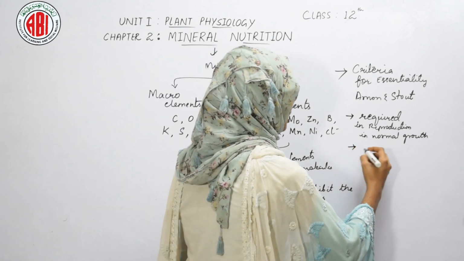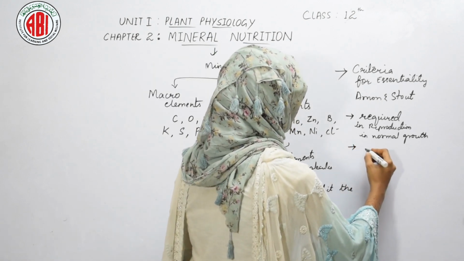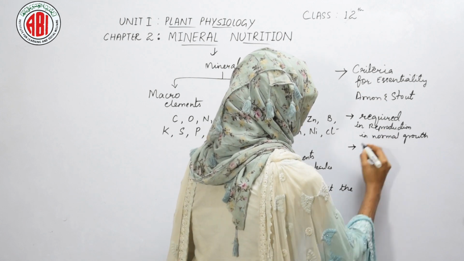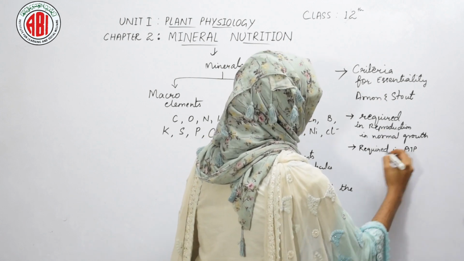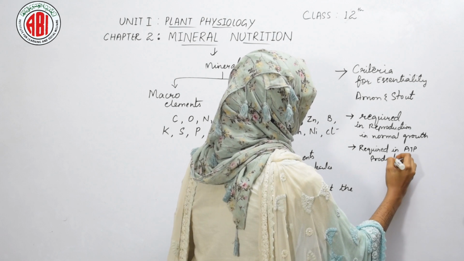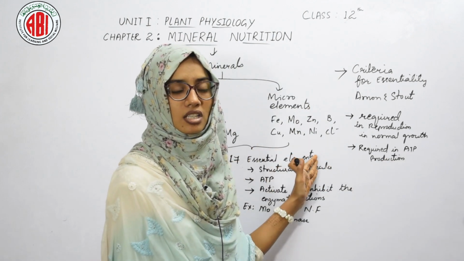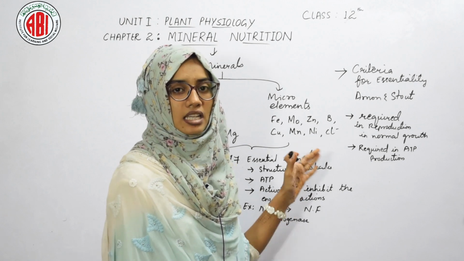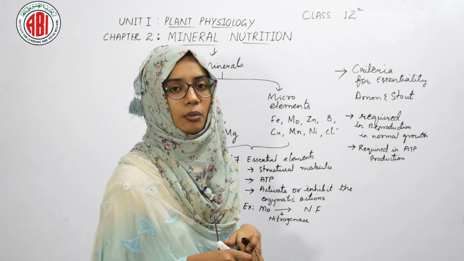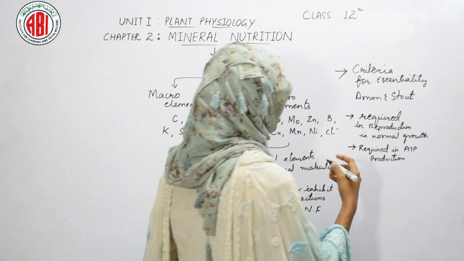The next condition is that they are required in ATP production. As I said before, these elements help in the synthesis of ATP. As they are involved in the production of the ATP molecule, they are considered essential.